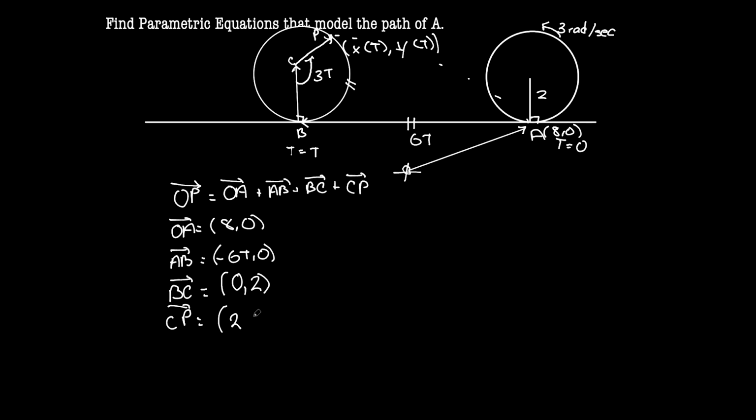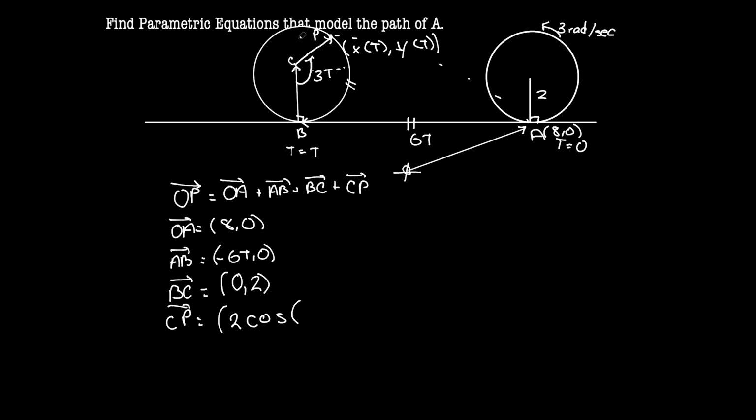Now what we don't know is the angle rotated. So we're going to put cosine, we're not exactly sure right now. If we're trying to be oriented in the BC direction, that's going to be a radius, an orientation of pi over 2 from that line right there.